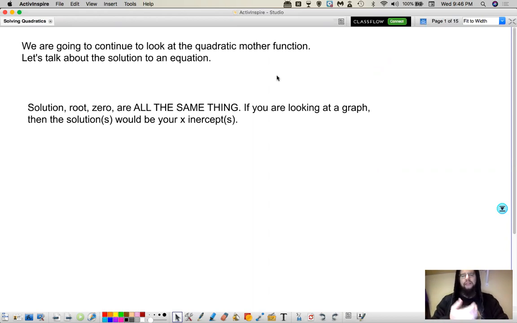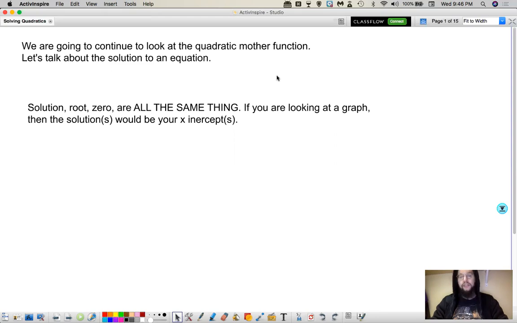So what is the solution to an equation? Solution, root, zero, answer, solve this, they're all the same thing. If you look at it graphically, it's where your graph, in this case a quadratic, a parabola, crosses your x-axis.